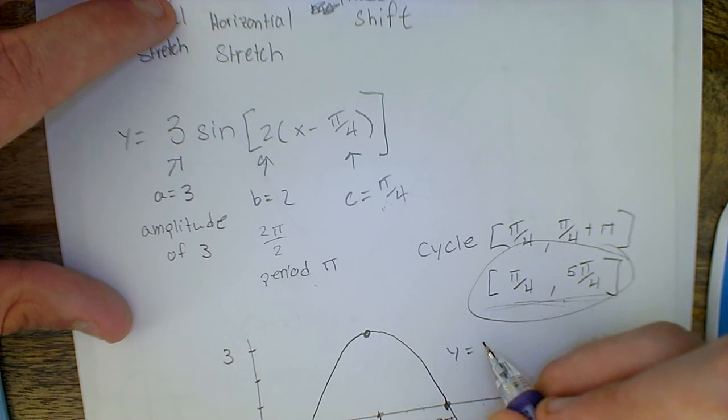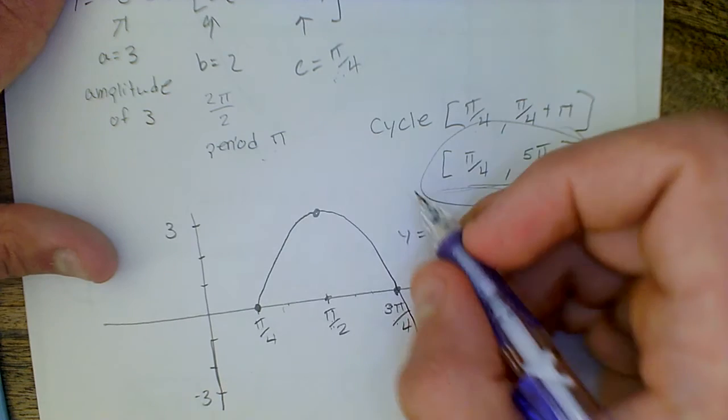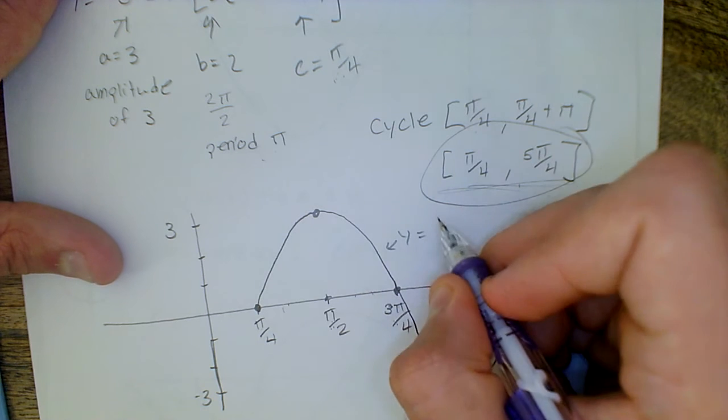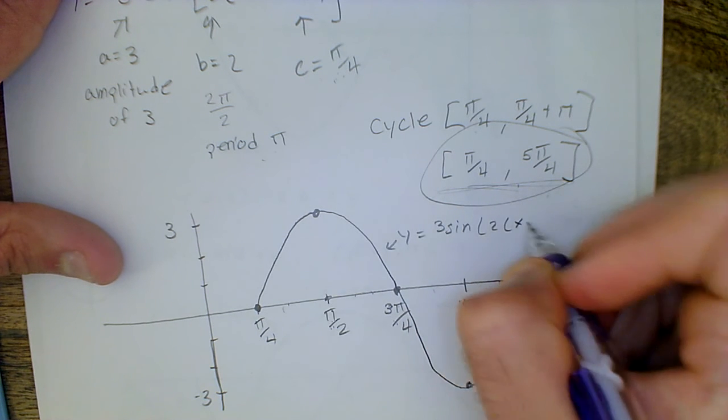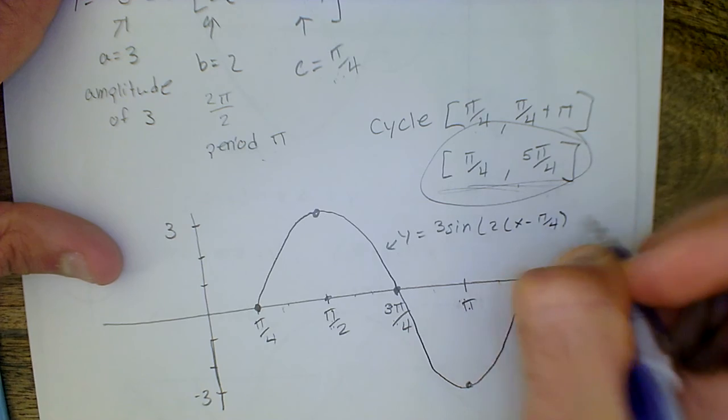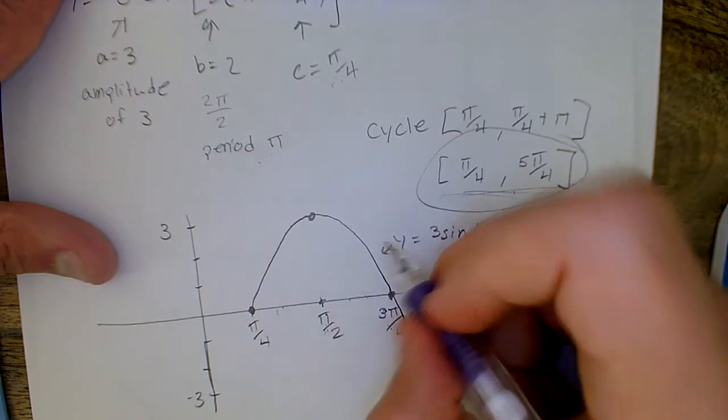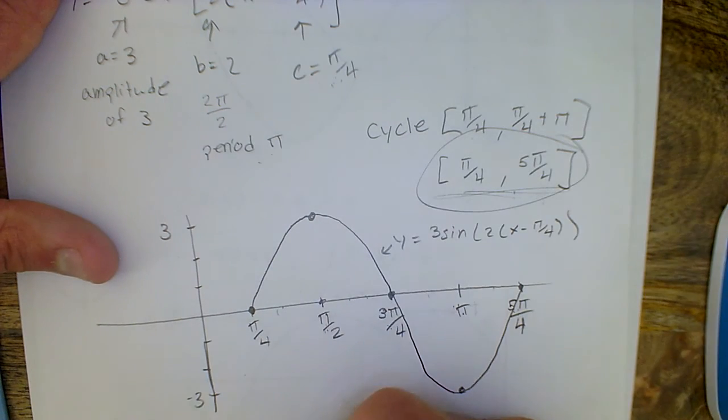So here I have the picture of y equals 3 times sine of 2 times x minus pi over 4.